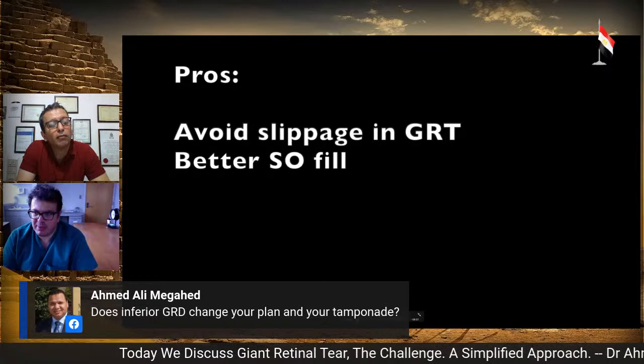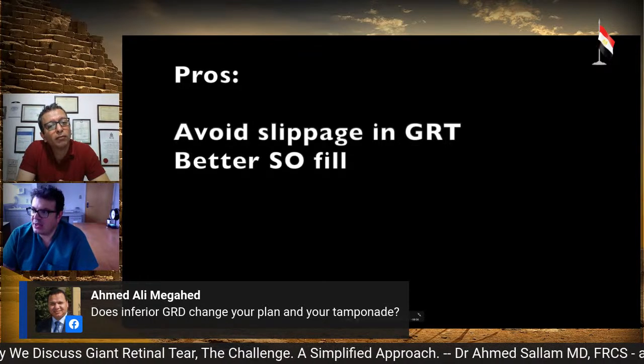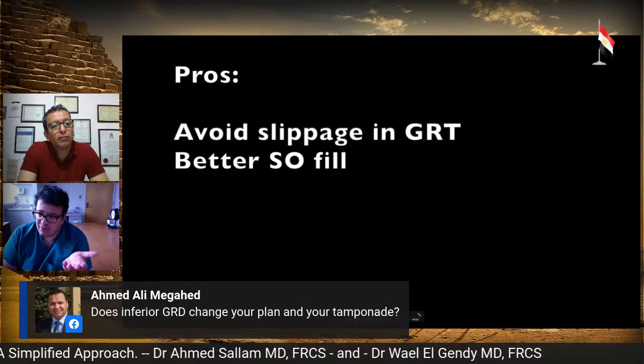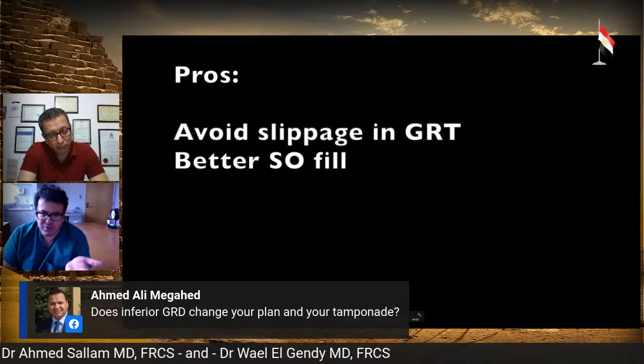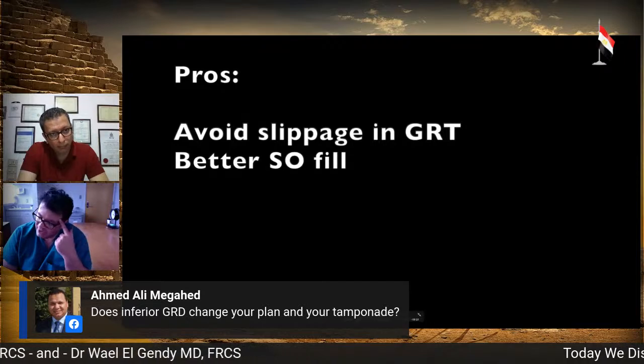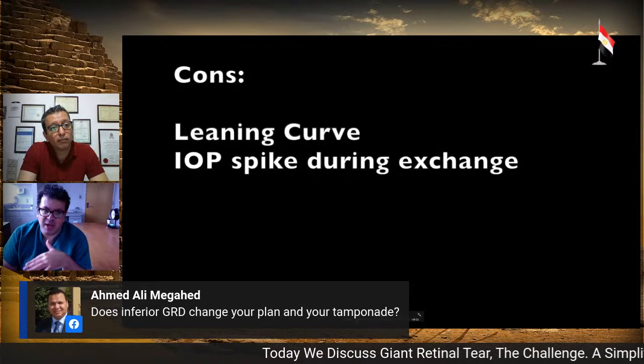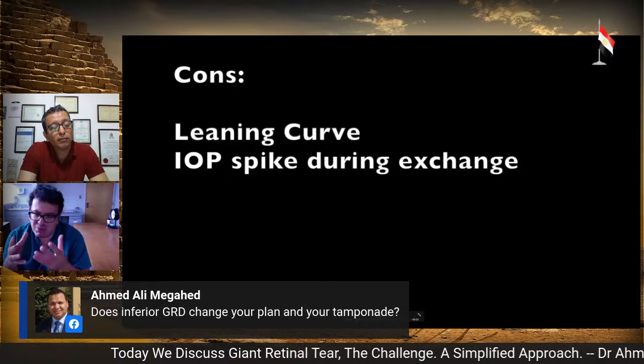Because it has problems. The advantage is that you avoid slippage and actually get a better silicone oil fill. It's very efficient. You cut one step, and the visualization is very nice, as you've seen in Dr. Wael's case. The problem is there's a learning curve, and the IOP spike that happens can be really very dangerous.